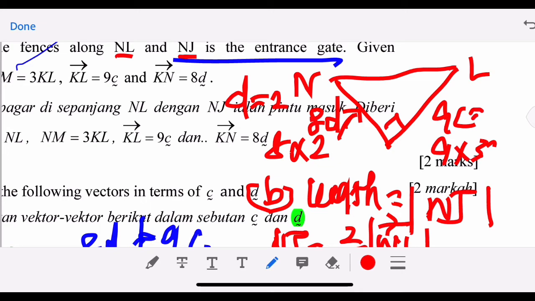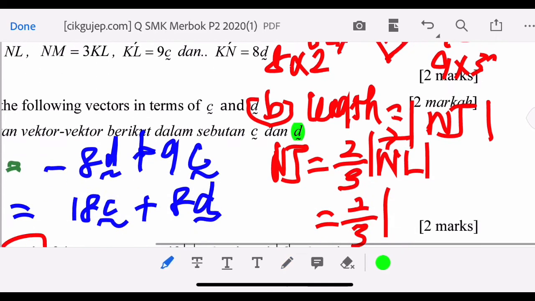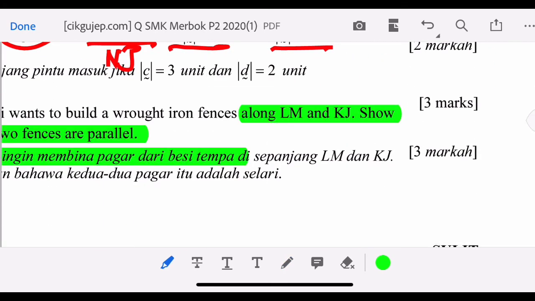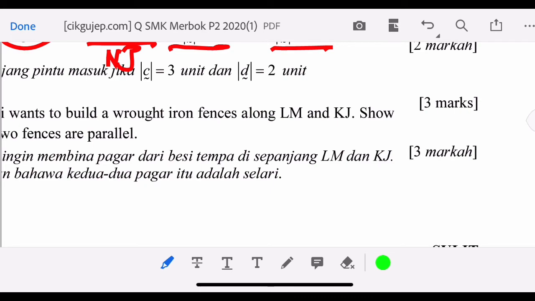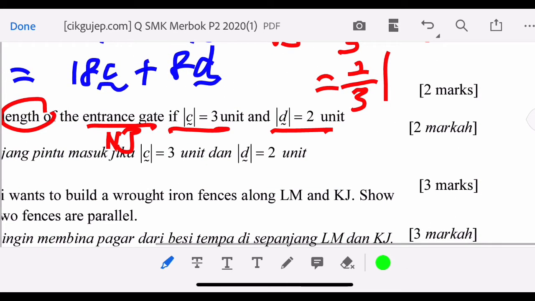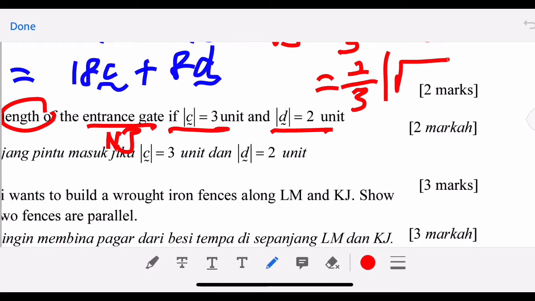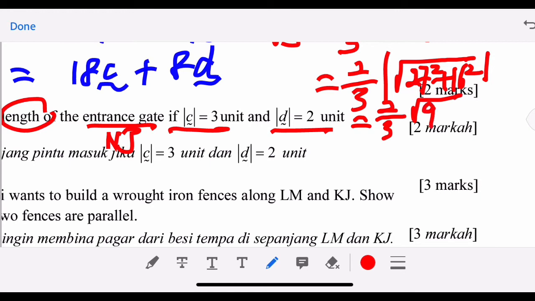Now we are going to apply the Pythagoras theorem. We have 27 and 16. It's 16 squared plus 27 squared, and then you take the square root, and you times 2 over 3.